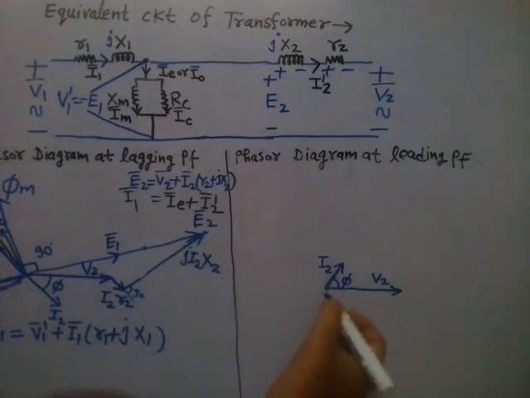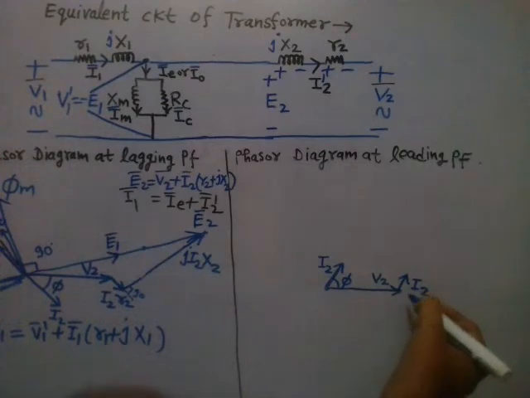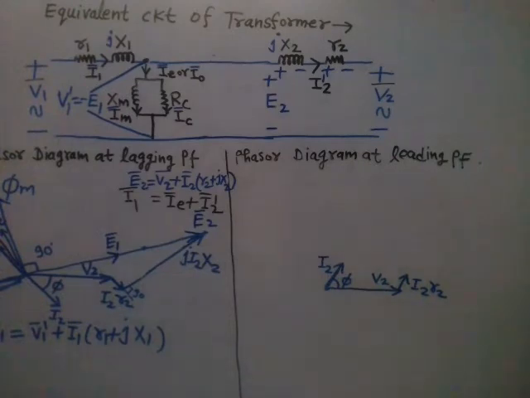In phase with this I2, draw I2 R2, because it's a resistive voltage drop, so it will be in phase with I2.